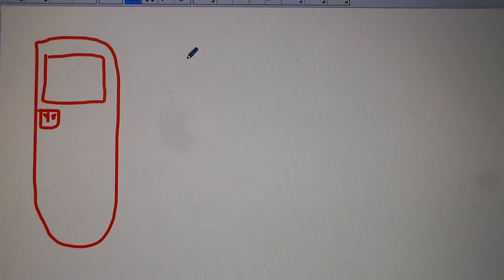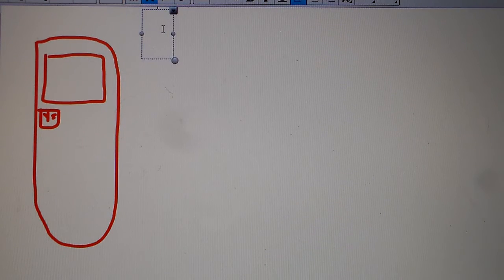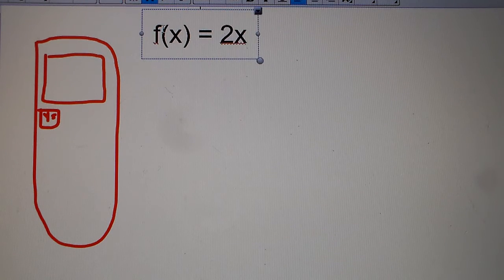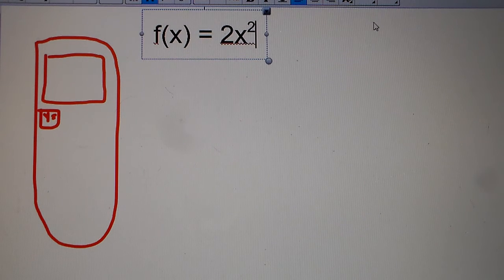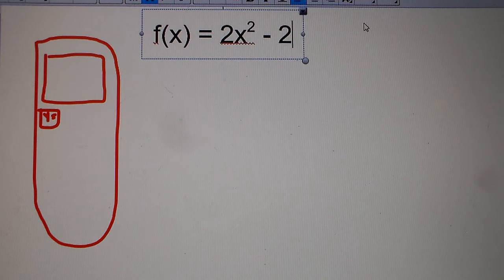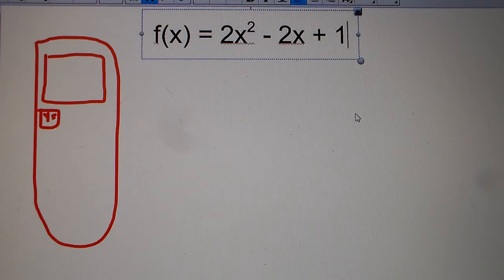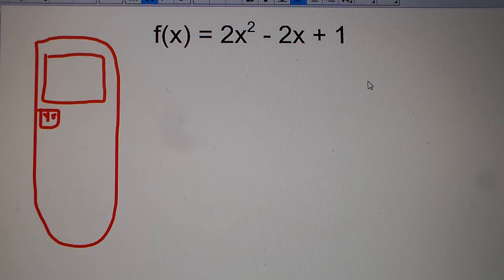You type in your equation. Let's say your equation was f of x is equal to 2x squared minus 2x plus 1. In your y1 position, you type in 2x squared minus 2x plus 1, hit enter. Then we hit our graph button to get the graph.